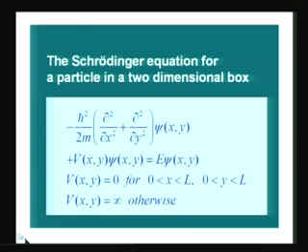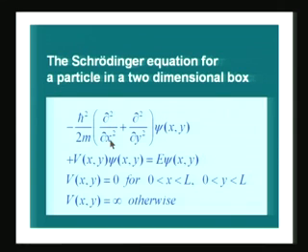Therefore, how do we generalize this? For the Schrodinger equation for a particle in a 2 dimensional box, we have 2 coordinates x and y, and therefore the wave function psi is a function of the coordinates x and y. You see that this form is very similar to the one dimensional form, minus h bar square by 2m dou square by dou x square.